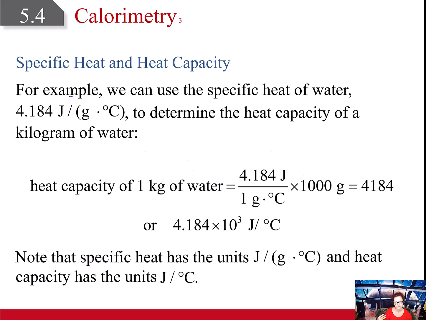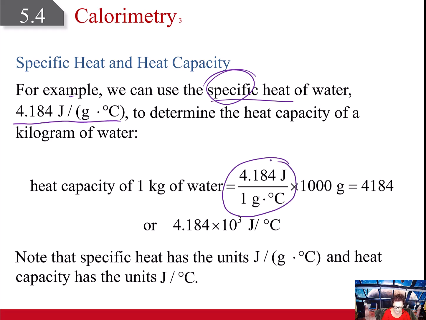We can use the specific heat of water, and specific means that it is specific to water. Only water has this specific heat. It is 4.184 joules per gram times degree C. And we can use the specific heat of water to determine the heat capacity of water.